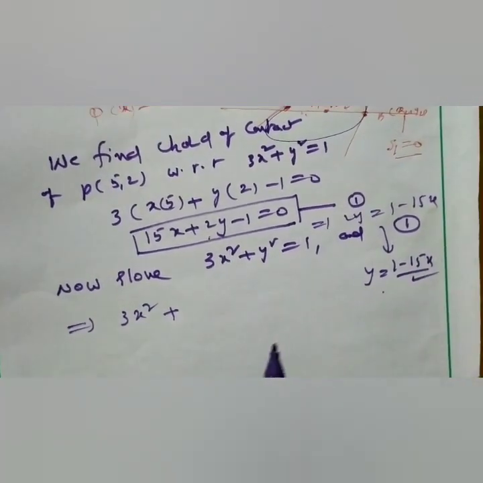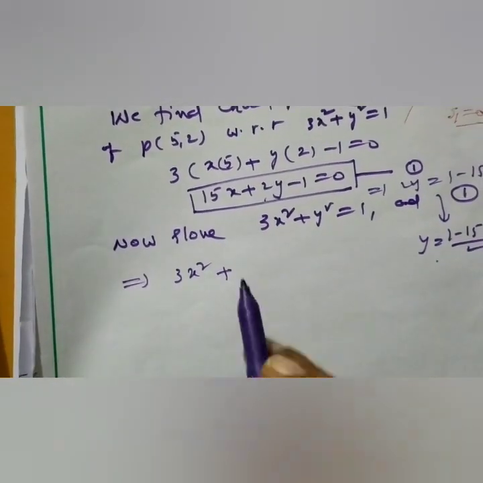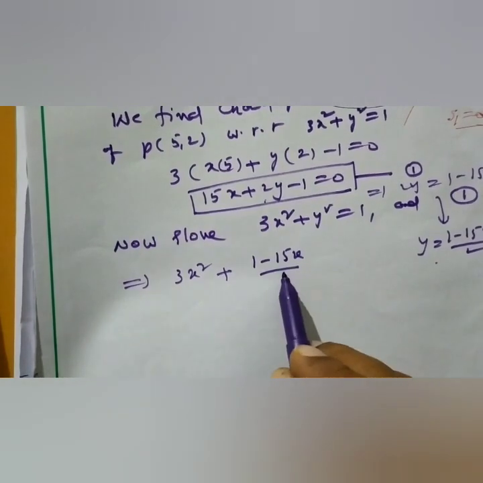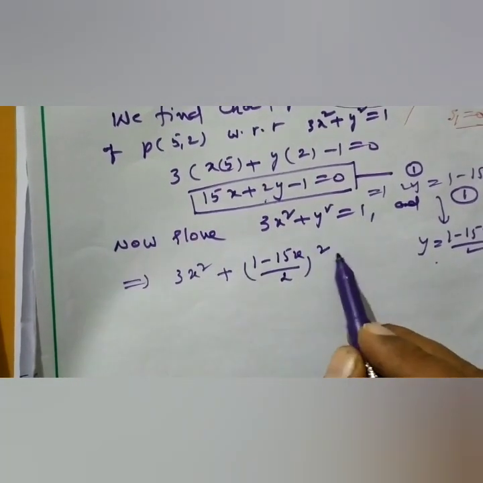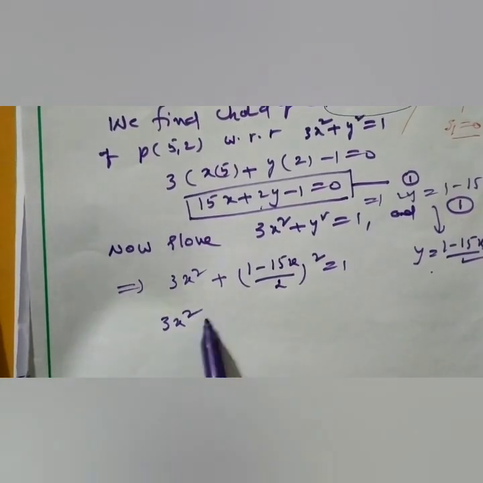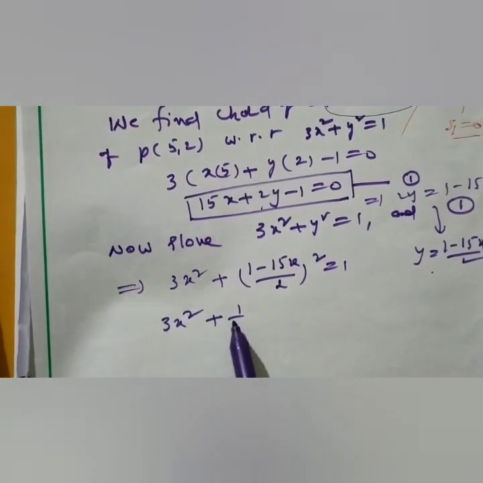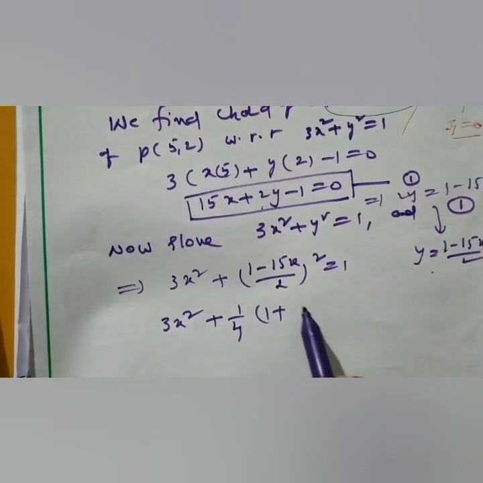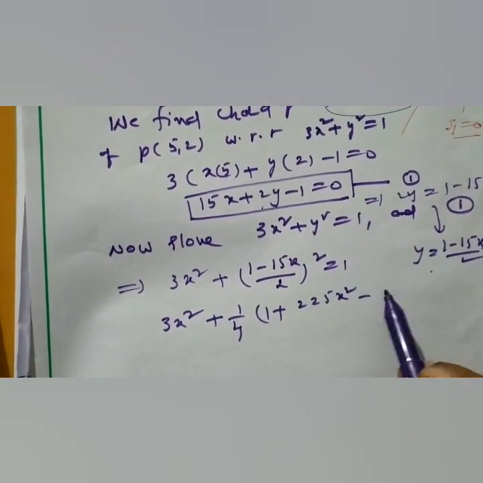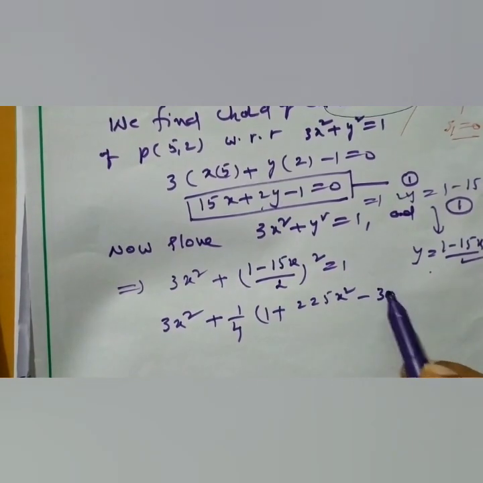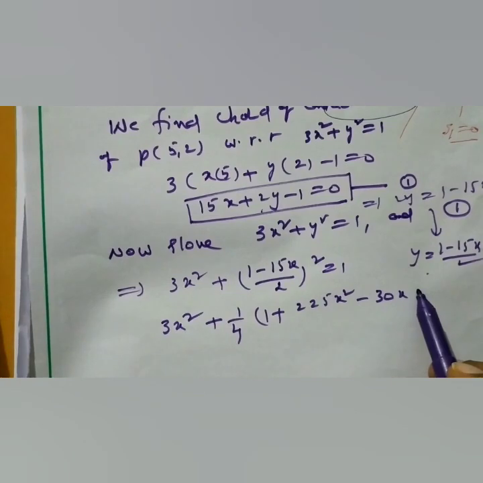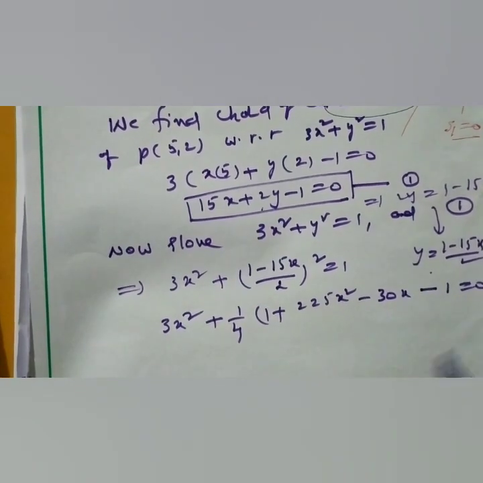We substitute this y value: 3x square plus ((1 minus 15x) by 2) whole square is equal to 1, which implies 3x square plus 1 by 4 times (1 plus 225x square minus 30x) minus 1 is equal to 0.